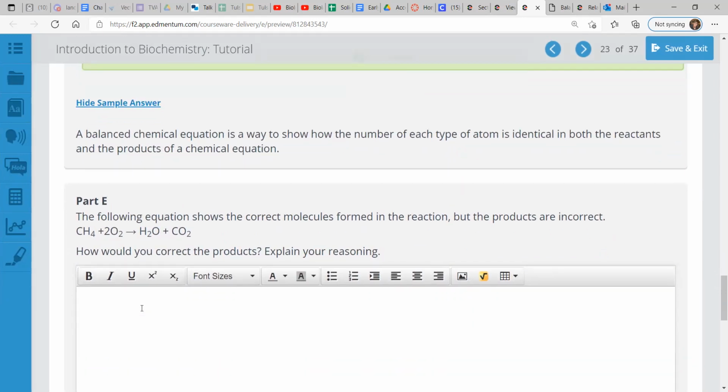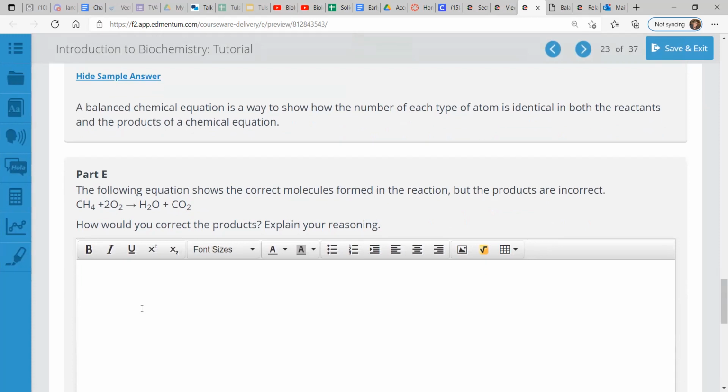The following equation shows the correct molecules formed in the reaction, but the products are incorrect. So they screwed up. How would you correct the products? Explain your reasoning.